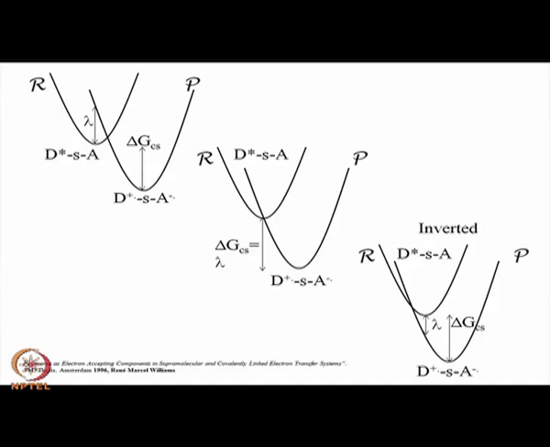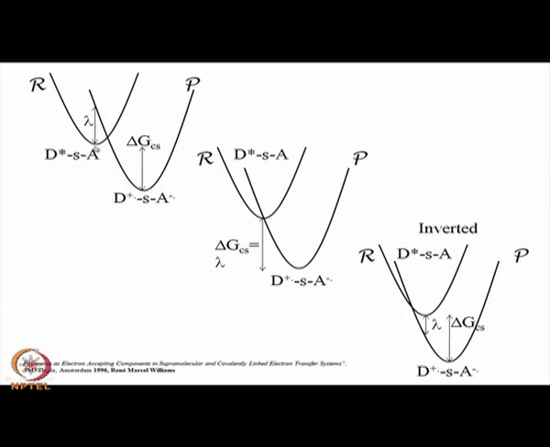So, if you look into this description, if you think of a donor in the excited state and an acceptor in the ground state separated by a spacer, then this is your reactant surface and this is your product surface. This is your reactant and this is your product.